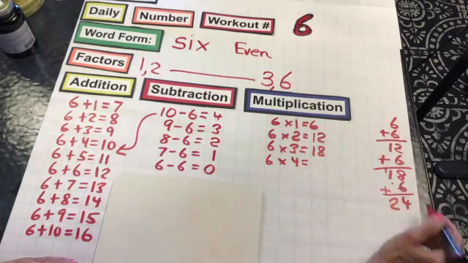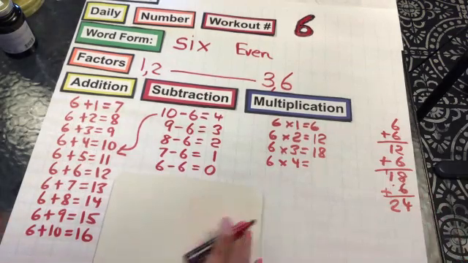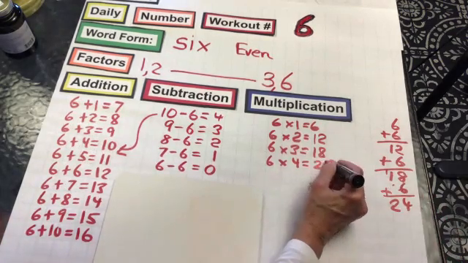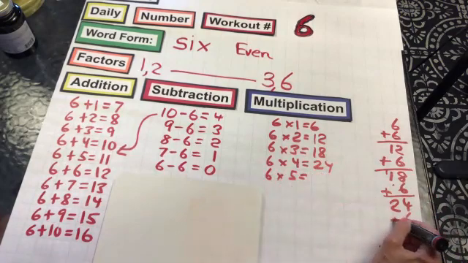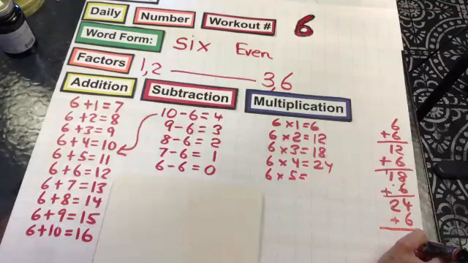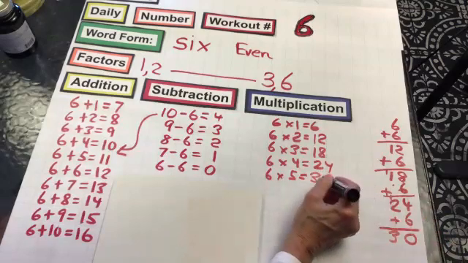I'm getting carried away here, as I always do. I love math. So here we go. That's 24. 6 times 5 equals, we add 6 more. 4 plus 6 is 10. Carry the 1 is 30.